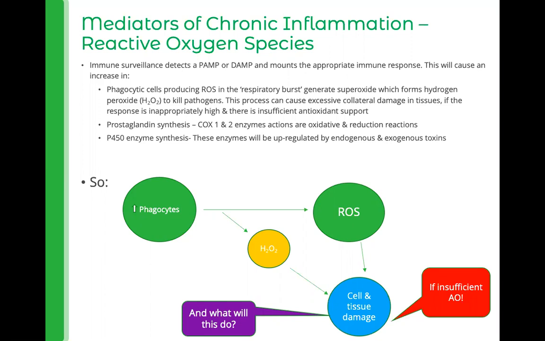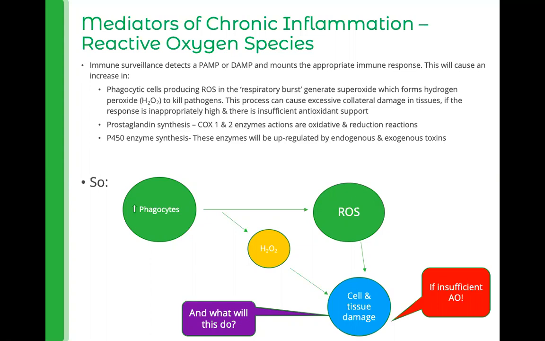So it's the phagocytes doing what they're supposed to do, which produces reactive oxygen species in the respiratory burst that releases hydrogen peroxide, which is not good. So both of those, the hydrogen peroxide and the reactive oxygen species, can cause cell damage, tissue damage, right?